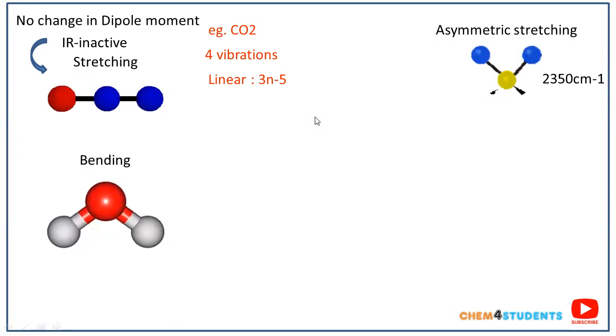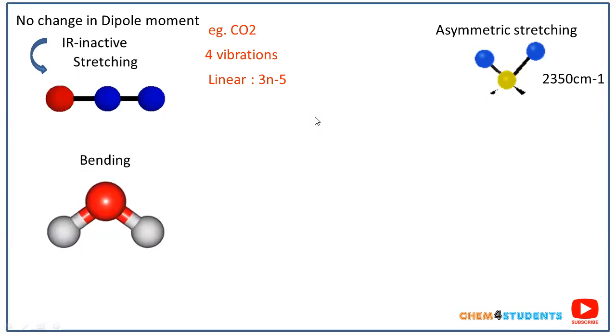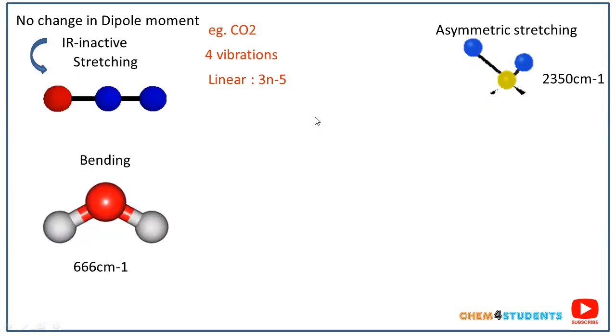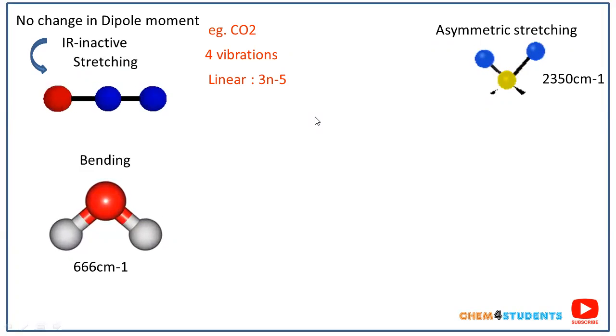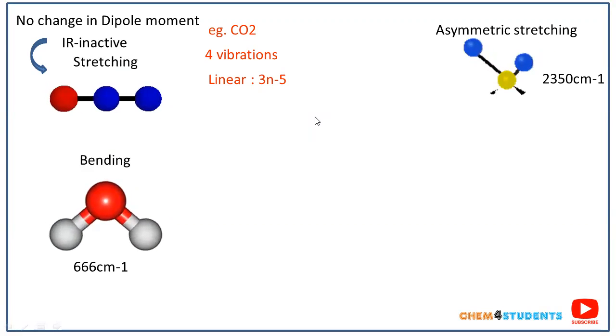Here we can see this stretching on the spectrum at 2350 centimeter inverse wave number. And the third type is called bending vibration. Here we get two bending vibrations at 666 centimeter inverse wave number, but these two vibrations move at the same frequency. That's why we get a single vibration on the spectrum.